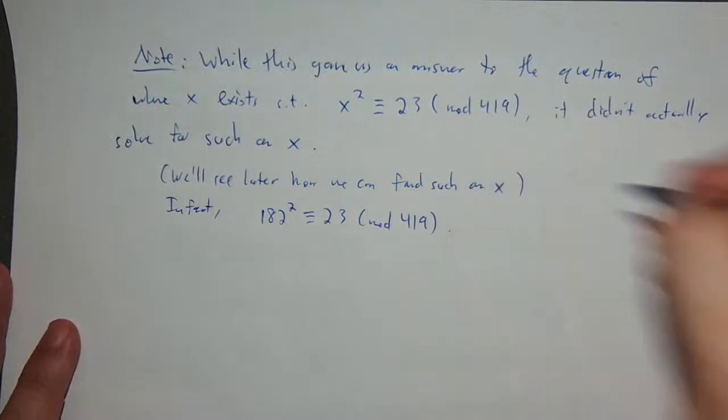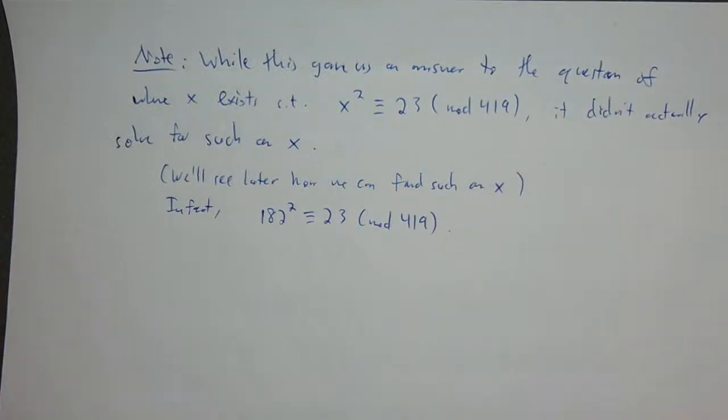So we do have such an x that gives us this solution, but the process we used didn't find it. It just said whether or not there was a solution in the first place.